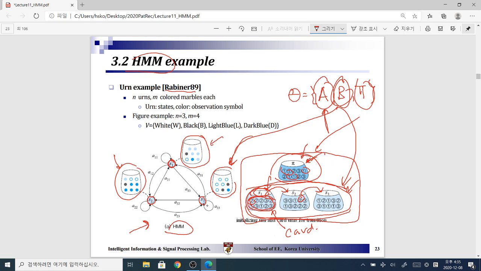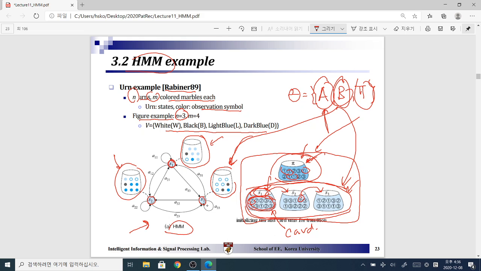So in this example, 3 is the number of urns, and M would be the colored marbles. In other words, the observations would be these colored marbles, either white, black, light blue, or dark blue. They represent the observation symbols, so M would be equal to 4.